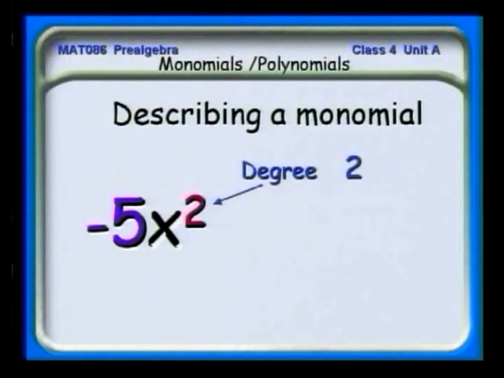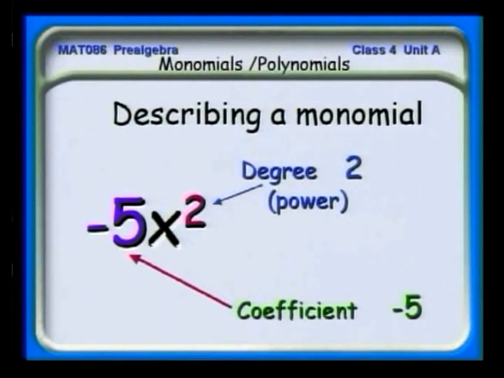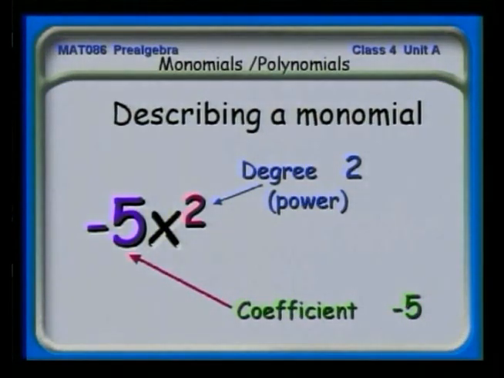In this case, we have a monomial of degree 2 because that x is raised to the 2nd power. We have a number multiplied in front of it. That number is called the coefficient. The numeral, the actual number that multiplies a term, is the coefficient. In this case, the coefficient is equal to -5.